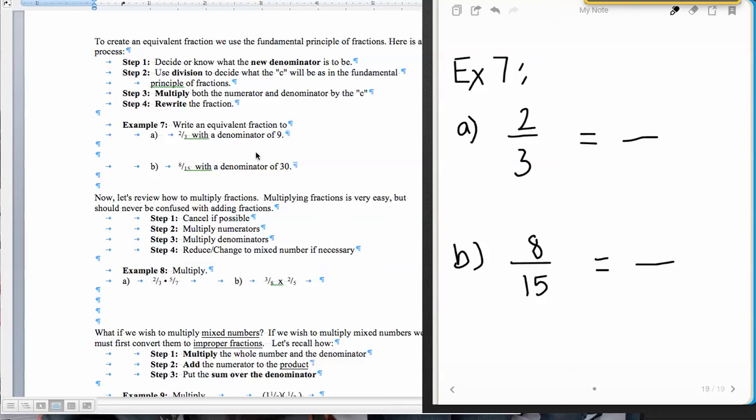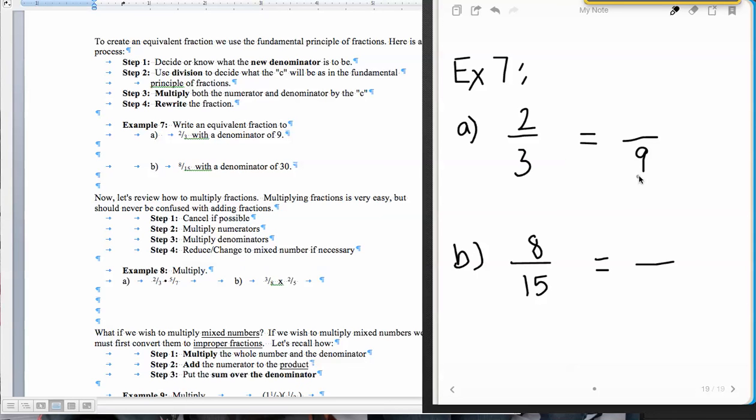So first off, I'm going to set this up to show you how I would be rewriting it. 2/3 with a new denominator of 9. So 2/3 is going to be equivalent to a new fraction over here with a denominator of 9. Now when you do this in basic math, you usually are just told this kind of problem. So now here's where the division, or the multiply by what, the missing factor idea comes in. 3 times what is equal to 9?